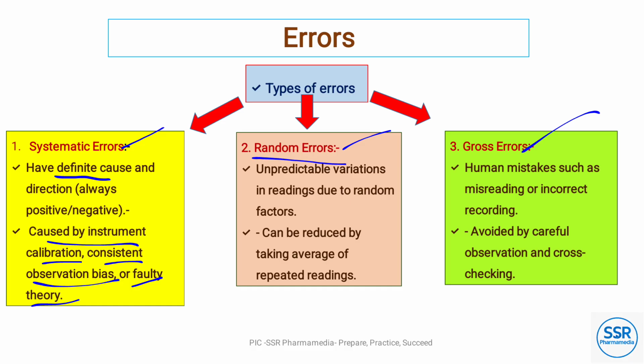Next is random error, also known as unsystematic error, which is unpredictable variations in readings due to random factors. It can be reduced by taking the average of repeated readings. Sometimes it cannot be corrected. Gross error is a human mistake such as misreading or incorrect readings, and is avoided by careful observation and cross checking.